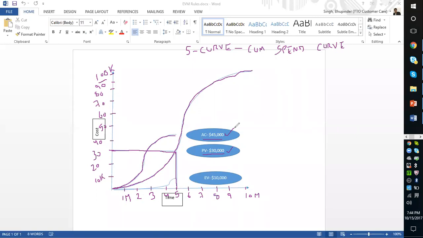It's not necessary, right? You plan to complete, let's say by now, 30% of the work. By spending $30,000, you plan to complete 30% of the work, right?